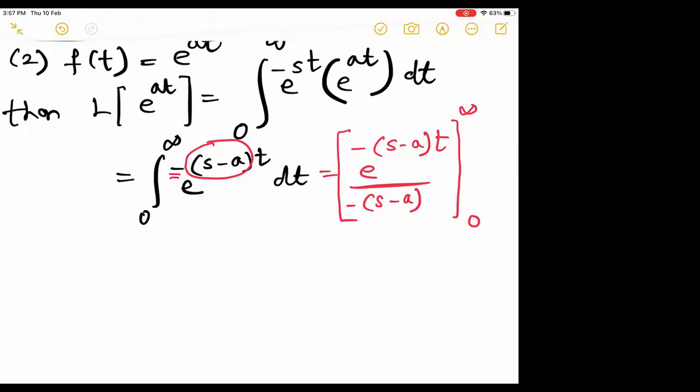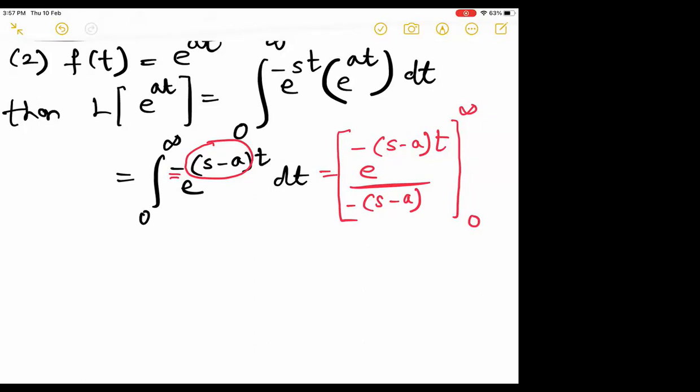No, madam, please see. E raised to minus st is not at all constant. It is containing t. It's an exponential function. In the previous example, that k was constant. But in this case, e raised to at is another function of t.